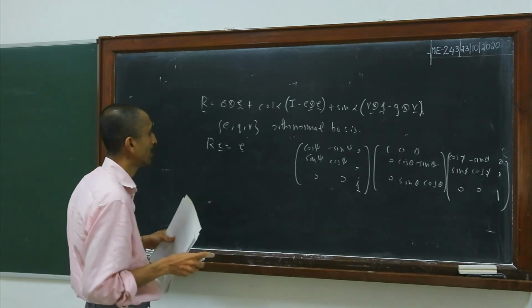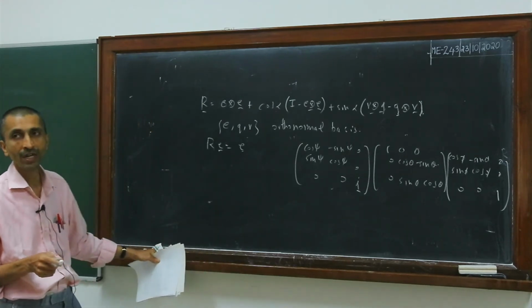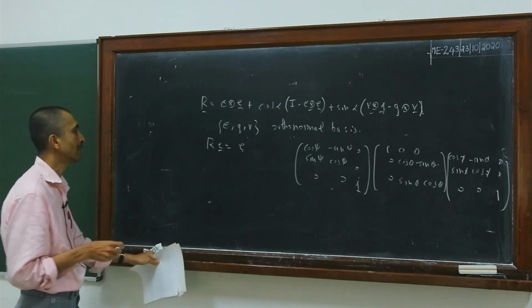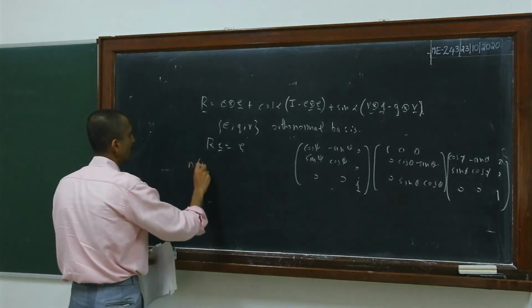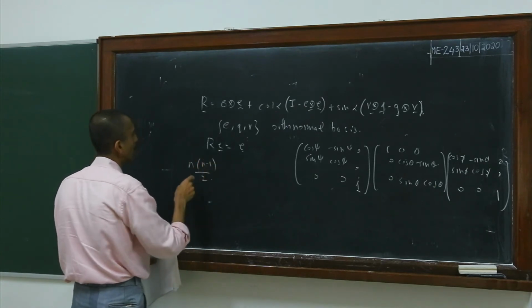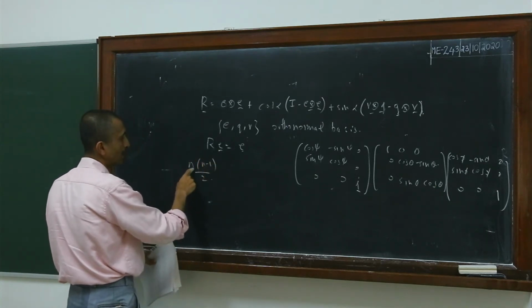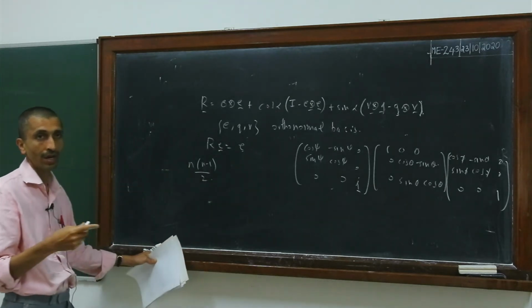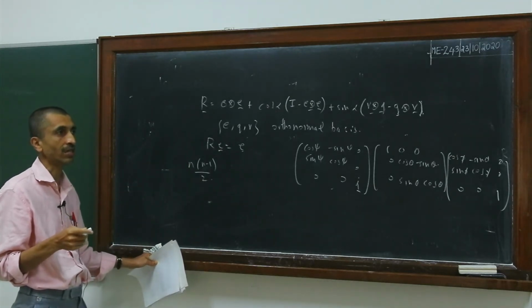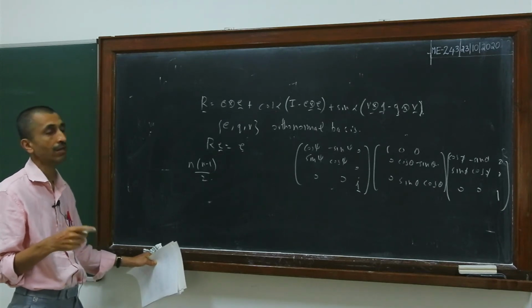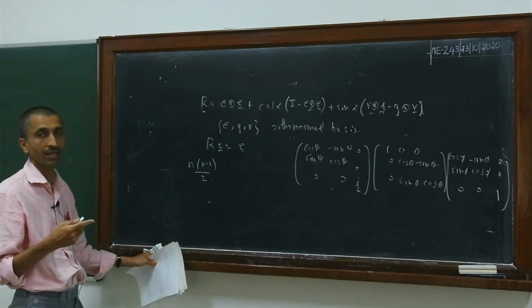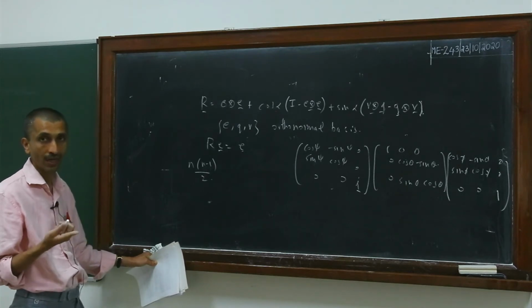The number of independent components in a skew-symmetric tensor is n into n minus 1 divided by 2. So in 3 dimensions, you have 3 into 2 divided by 2, which is 3 independent components, as we have already seen. In 2-dimensional space, you have only 1 independent component.